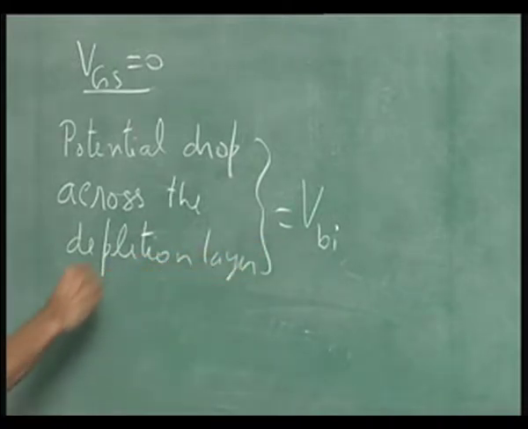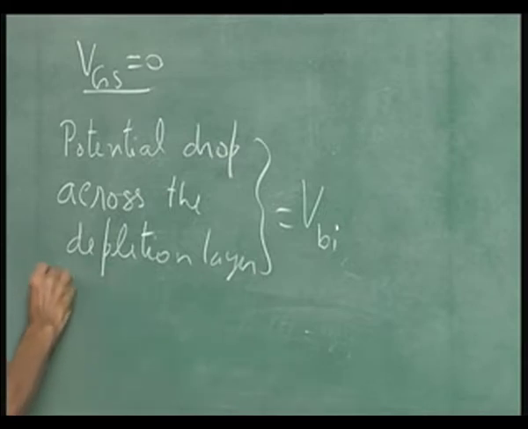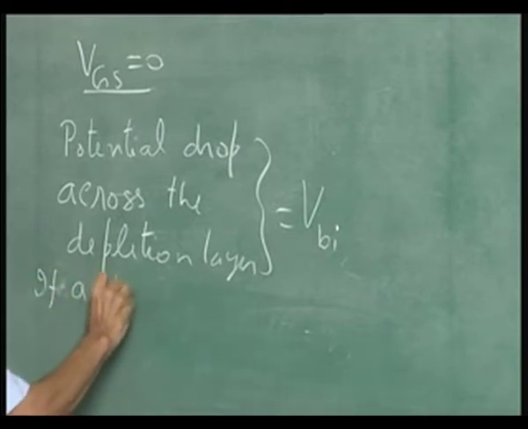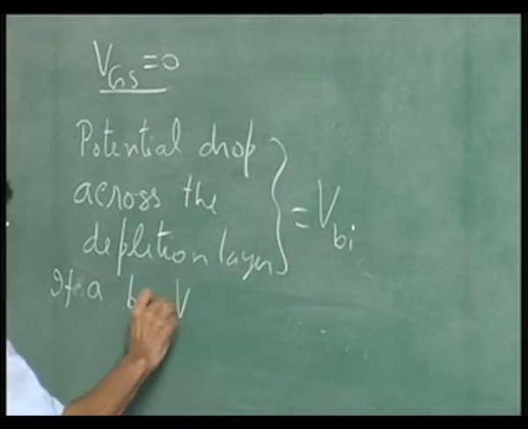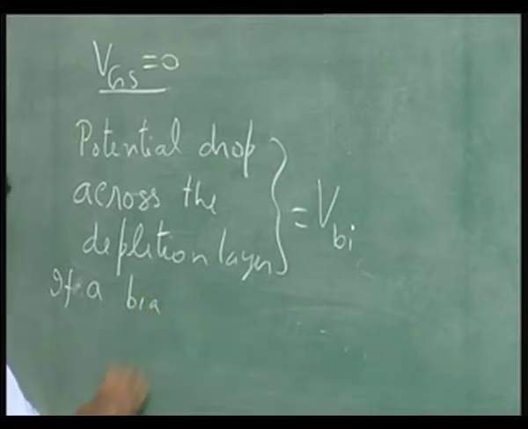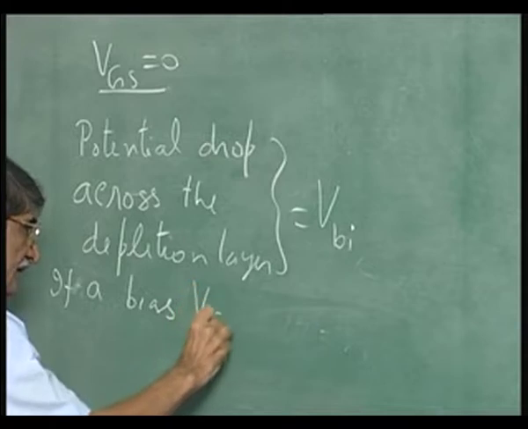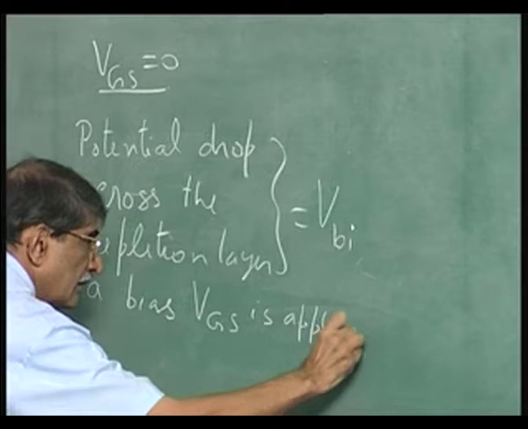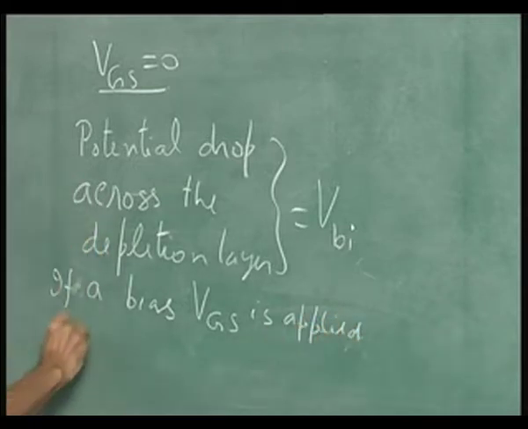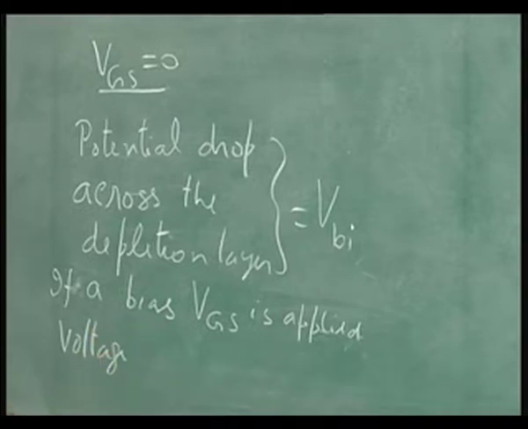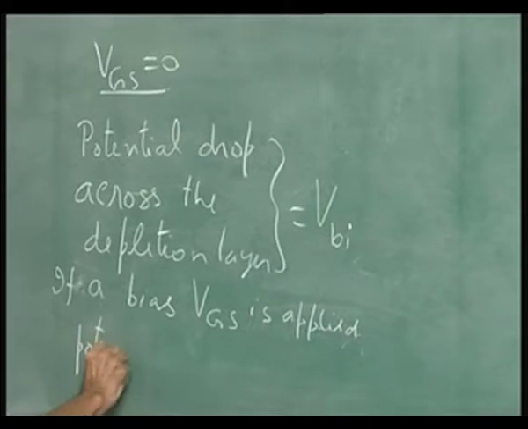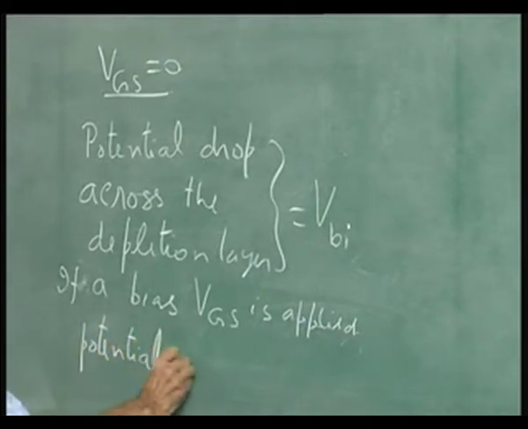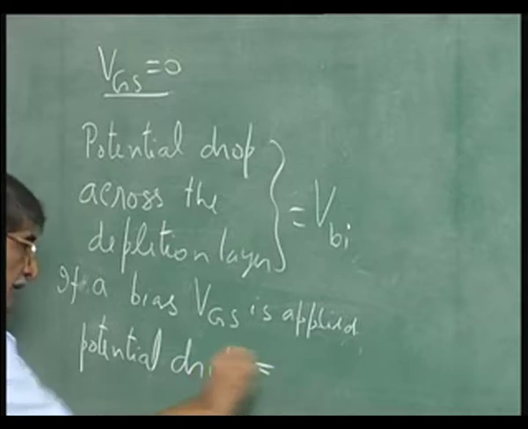Okay. Now, if a bias VGS is applied, then the voltage or the potential drop is equal to this.